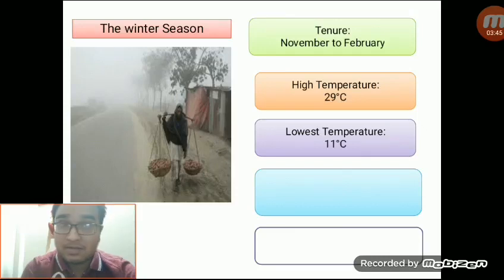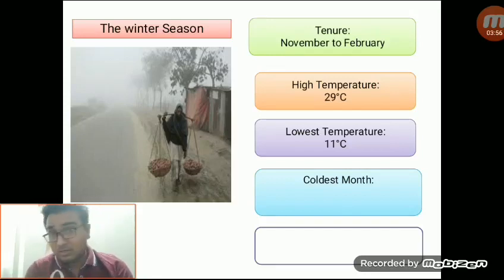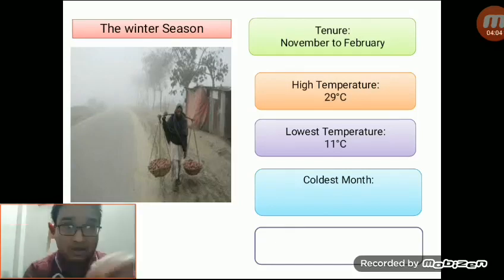The lowest temperature is 11 degrees Celsius. Then the coldest month: among 12 months, January is called the coldest month of our country. And in January, we experience an average of 17.7 degrees Celsius temperature in our country.